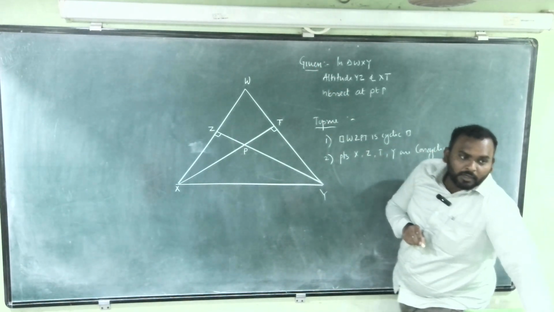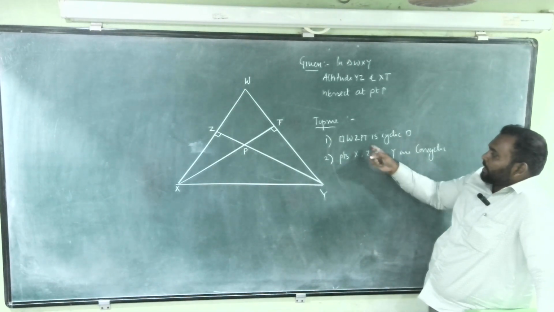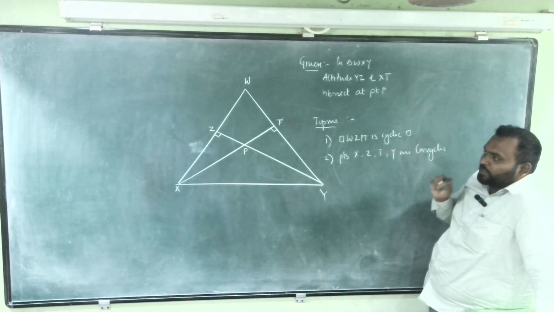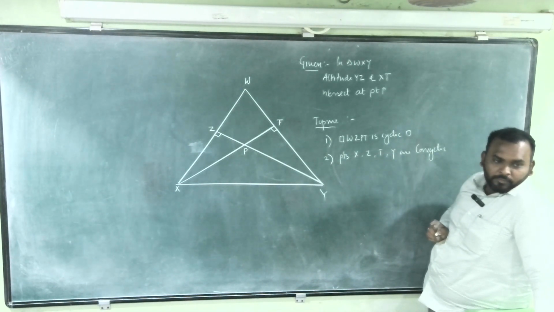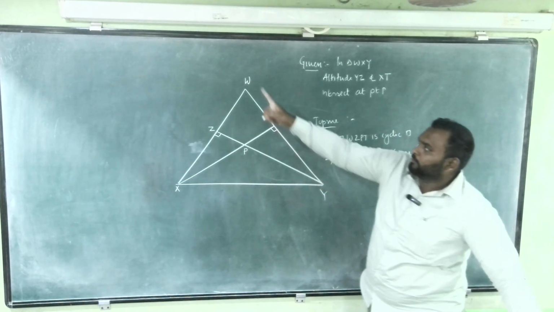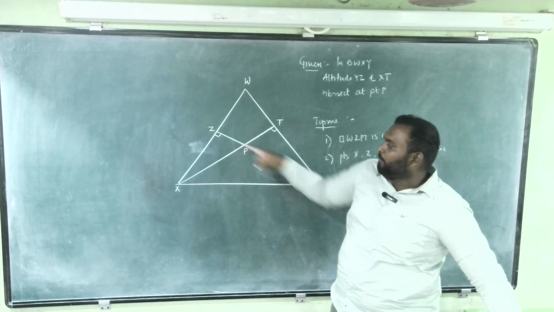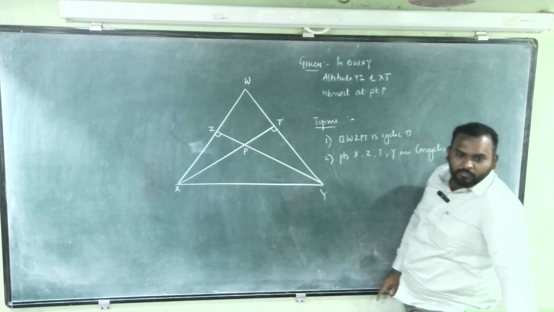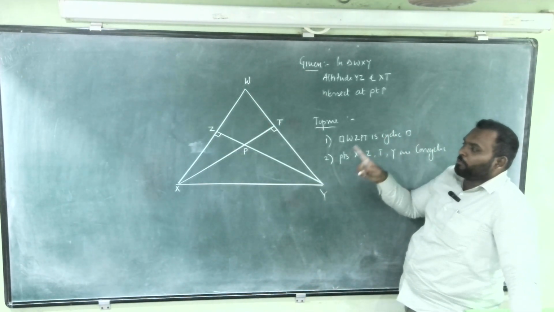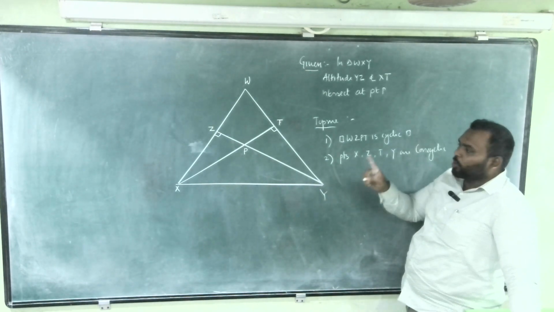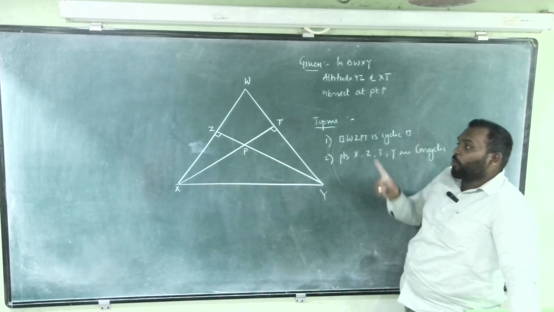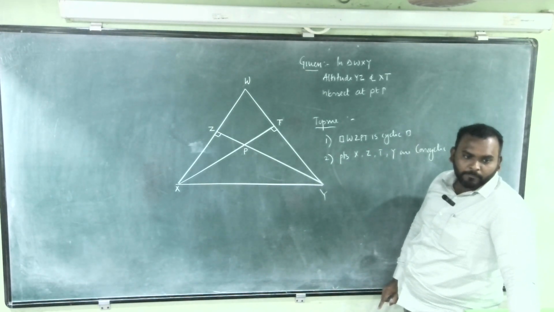ठीक है? Now, सबसे पहला WZPT. Where is WZPT? बराबर? Yes. What is the measure of angle WZP? What is the measure of angle WTP? Both of them are opposite angles. Yes. What if I add them? What I'll get? 180.